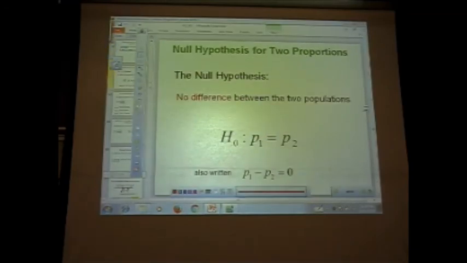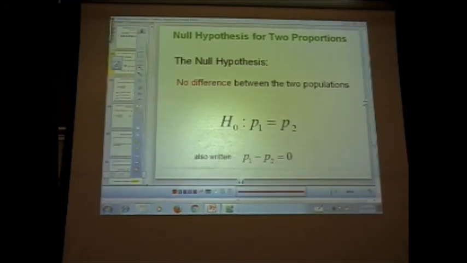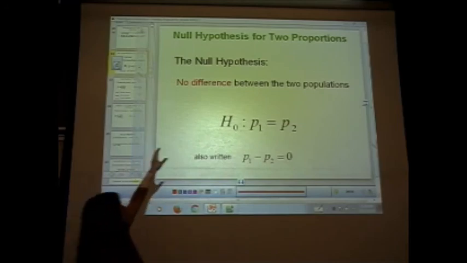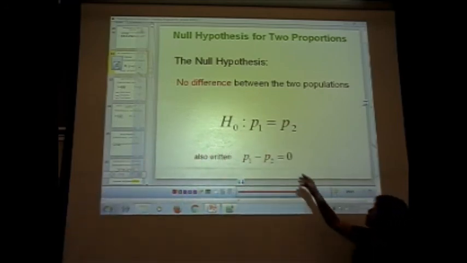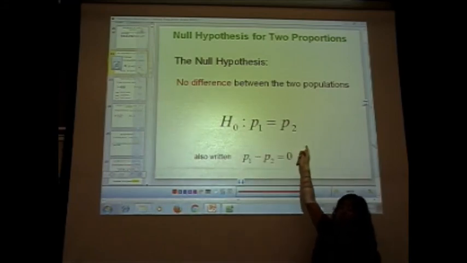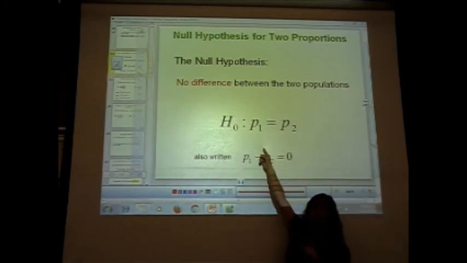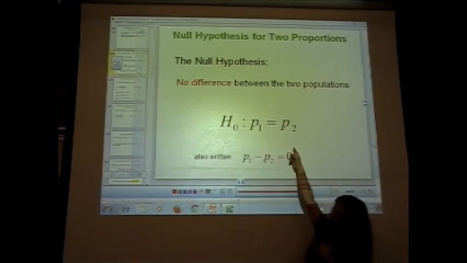The null hypothesis for two proportions. Again, remember null is always no, right? No difference. So in this case, there's no difference between the two populations. So in other words, the first population is the same as the second population. The first population is proportion. So that P does not stand for population, it stands for population proportion. Right? And this is the other population's proportion.